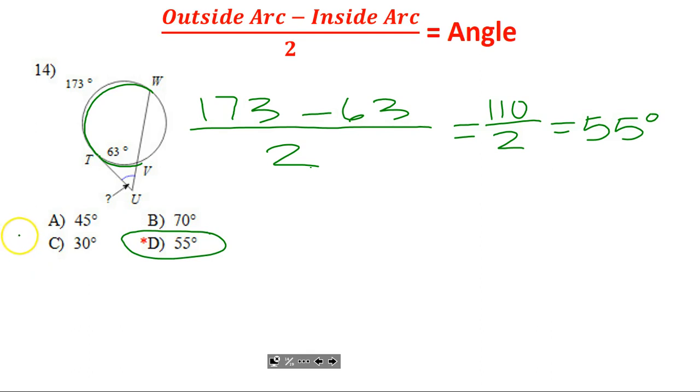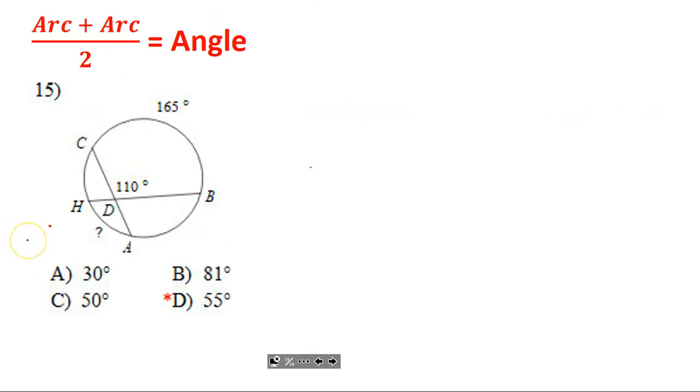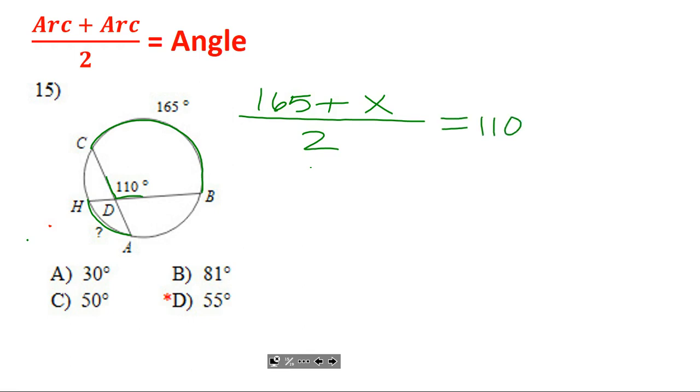Okay, then we got 15. 15 is the one where we have to do arc plus arc divided by 2. So this is the arc. We've got 165 plus, we don't know what, so I'm just going to put an x here because I like using x as my variable. We're going to divide that by 2, and set that equal to this angle right here. Again, to get rid of that 2 in the denominator, we multiply both sides by 2.